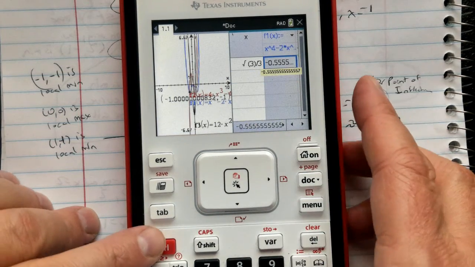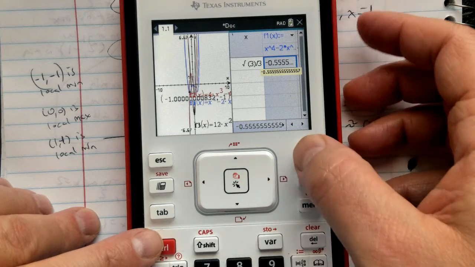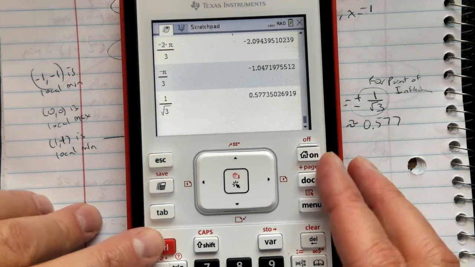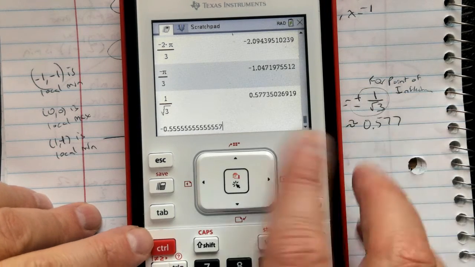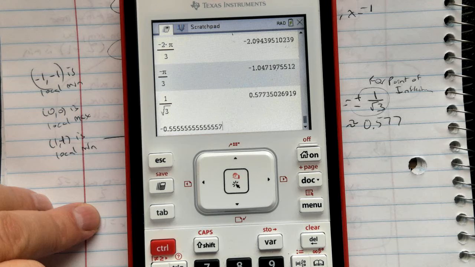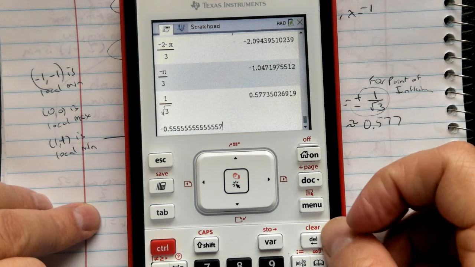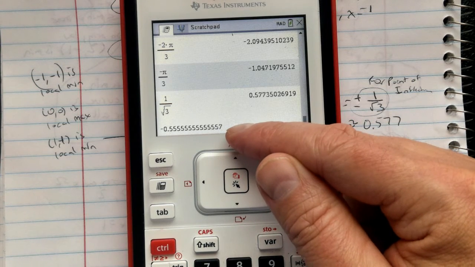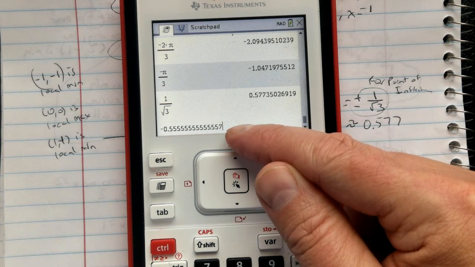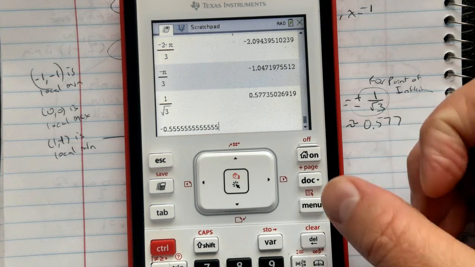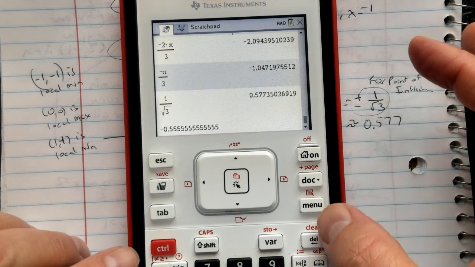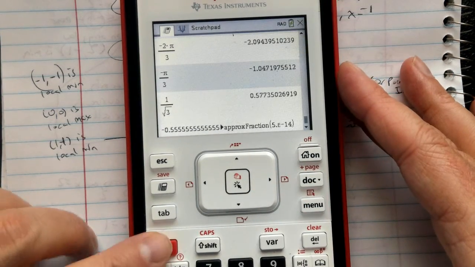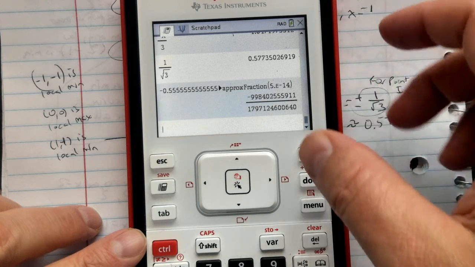Remember, you can copy that, Control C. It's -0.5 repeating, and you can paste it, Control V. Now the 7 won't really do us any good. It's probably like a calculator error right there, because if you round you really should have gotten 6 there. So I'm just going to delete that guy and go convert to decimal.